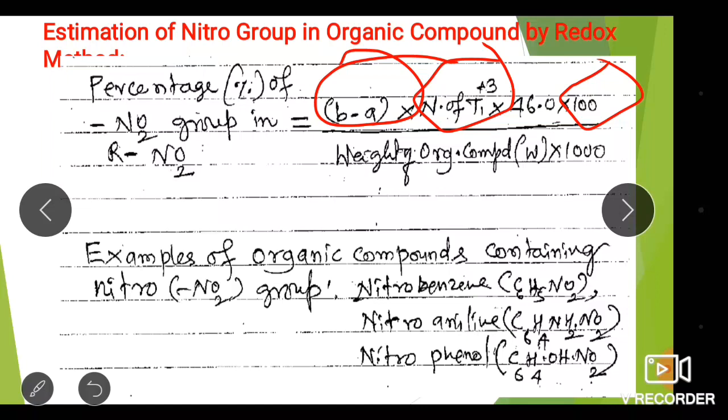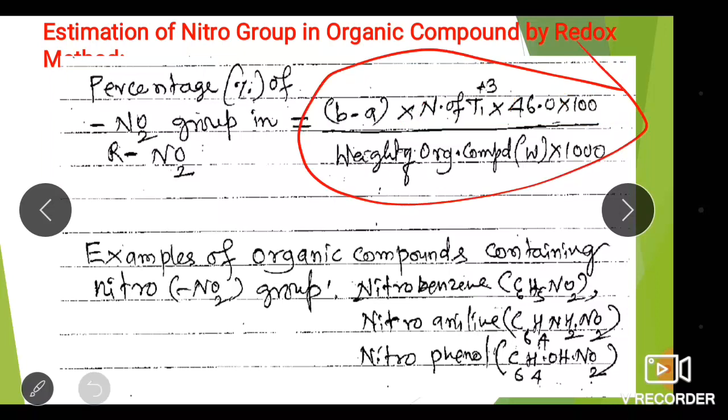So 46 into 100 divided by weight of organic compound W into 1000. In this way, with the help of this formula, we can calculate the percentage of nitro group present in the given organic compound.